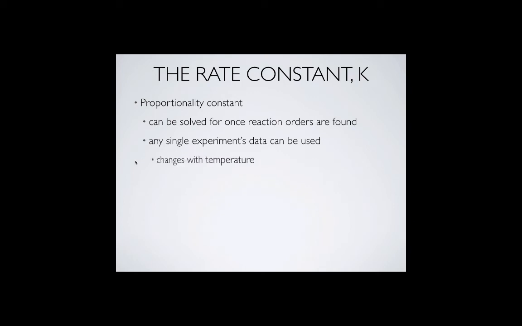Any single experiment's data can be used. k is not as constant as we think a lot of constants are. It's very condition dependent, and it does change with temperature. As soon as the temperature of a reaction changes, we have to do a new series of experiments and find a new value for k.